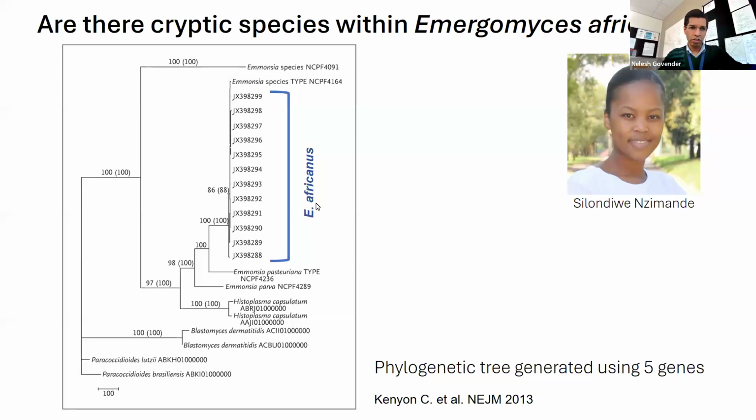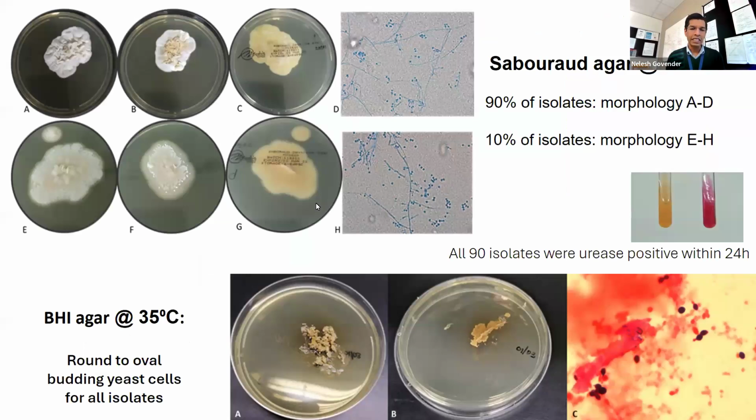And so these fungi looked almost exactly the same. So we thought we'd use whole genome sequencing to see if we could get better resolution. And Slindiwe has been doing this work over the last 2 or 3 years, painstakingly culturing roughly 93 or so isolates.